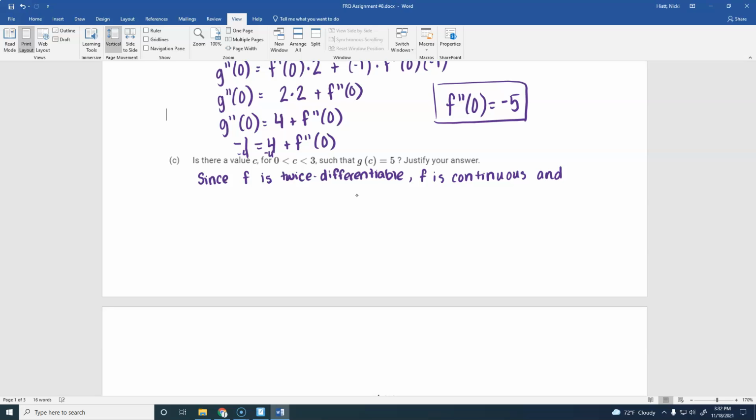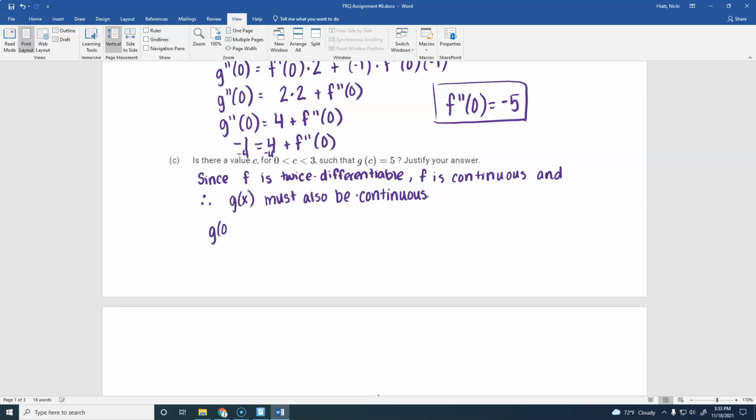And therefore, G of x must also be continuous. I can probably live with you just saying G is continuous, but this would be the best way to do it. So now we need to show 5 is between G of 0 and G of 3.